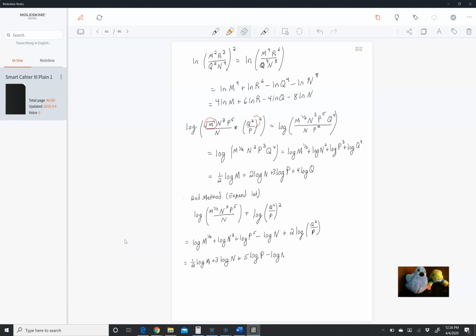All of this, the exponents just go out to the front, and then plus 2, and we need a parentheses here. Log of q squared minus log of p, because this whole log is being multiplied by 2, okay?